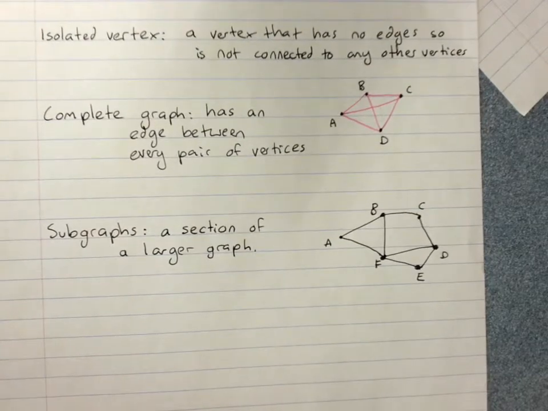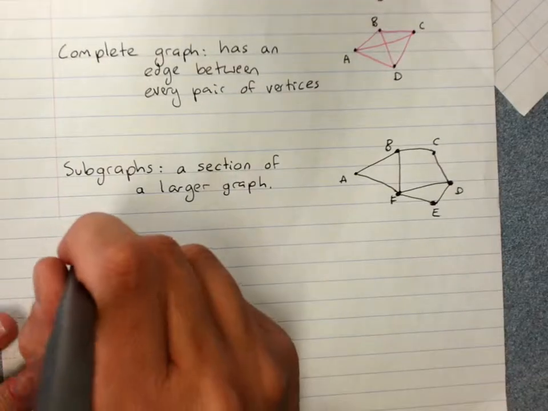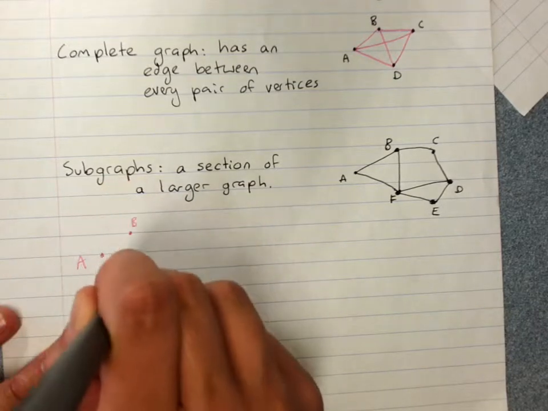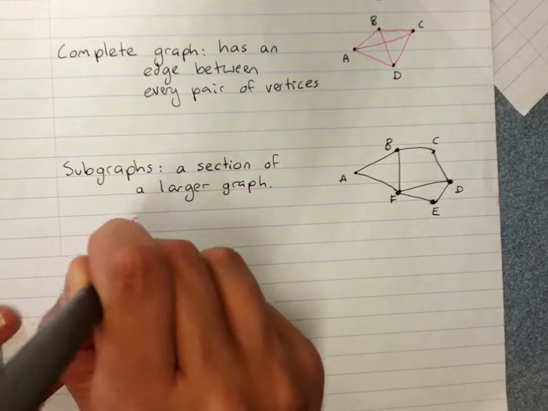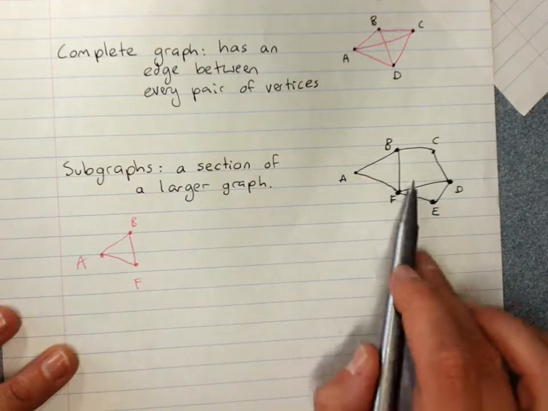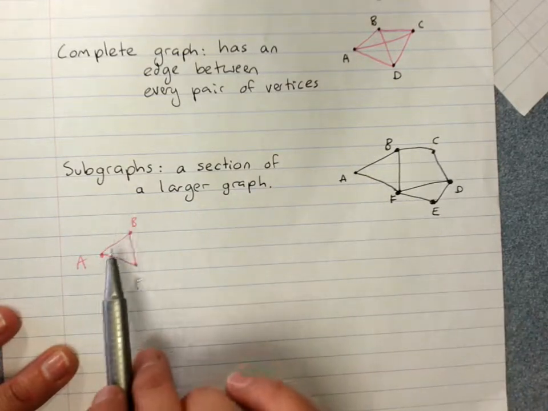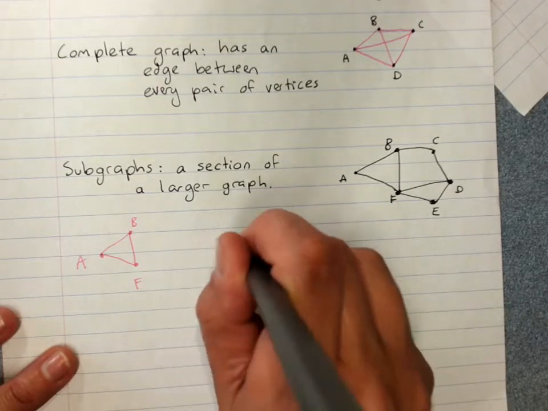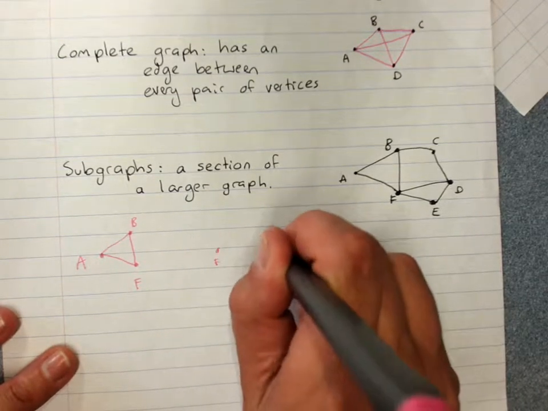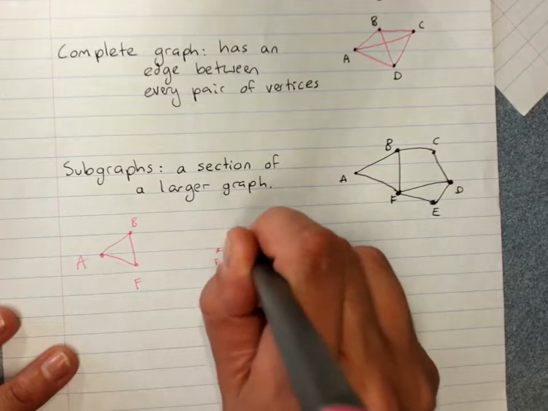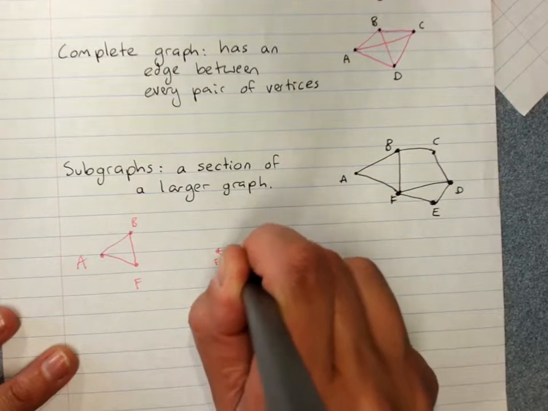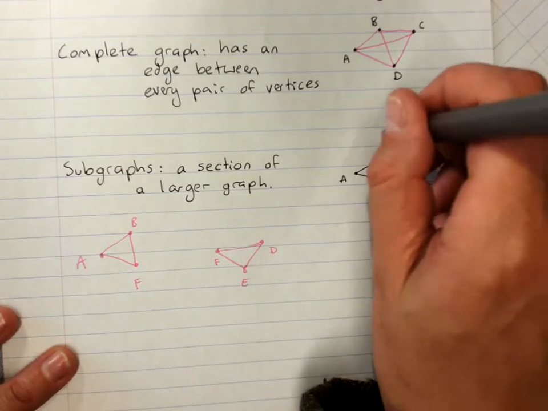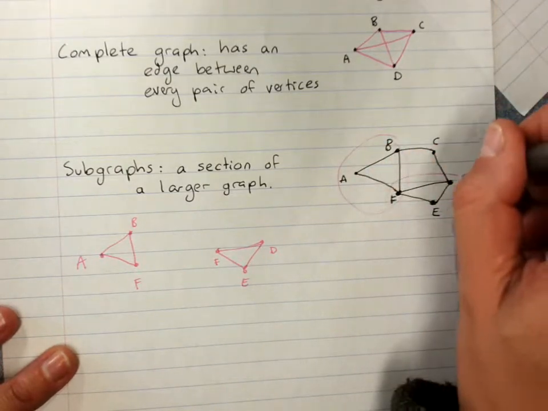And if you think about it, some examples of subgraphs from this one would be A, B, F. We're just looking at how those three vertices are connected, but it's still a part of the original graph. Or we could say F, D, E, or EDF, whatever you want to call it. So that is a part of the original graph. That's a subgraph, that's a subgraph.